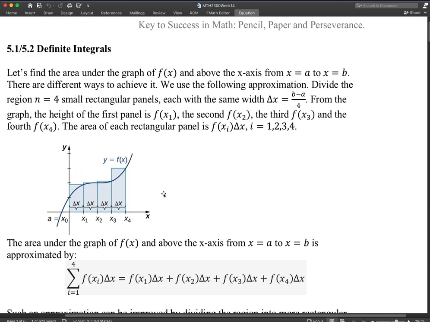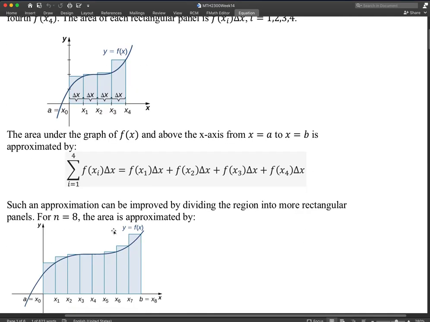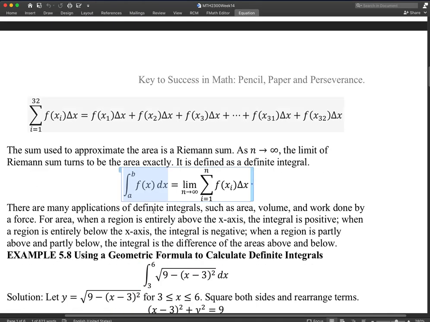One way to consider a definite integral is the area underneath the graph of the function for x running from a to b and above the x-axis, okay? And the Riemann integral is defined as the limit of the Riemann sum. And usually it is hard to handle the limit of the Riemann sum.